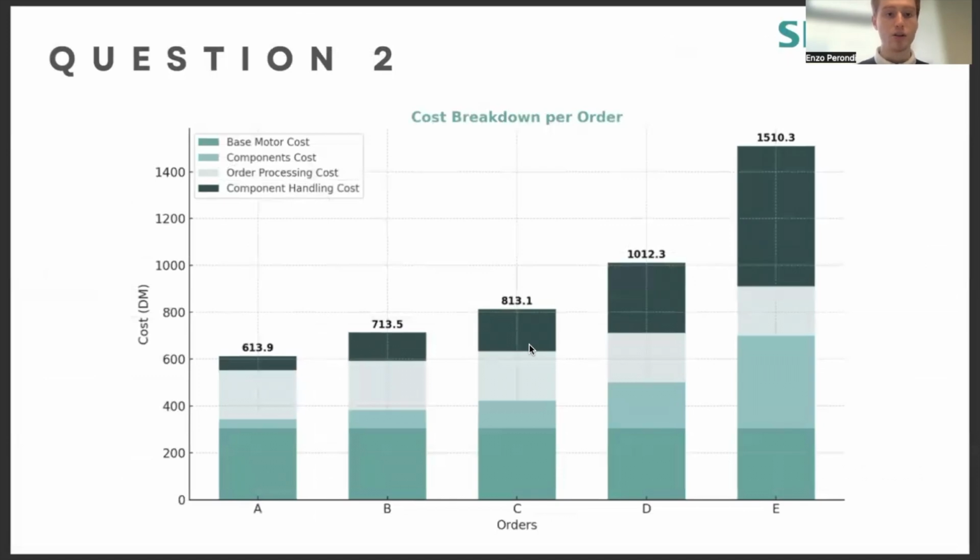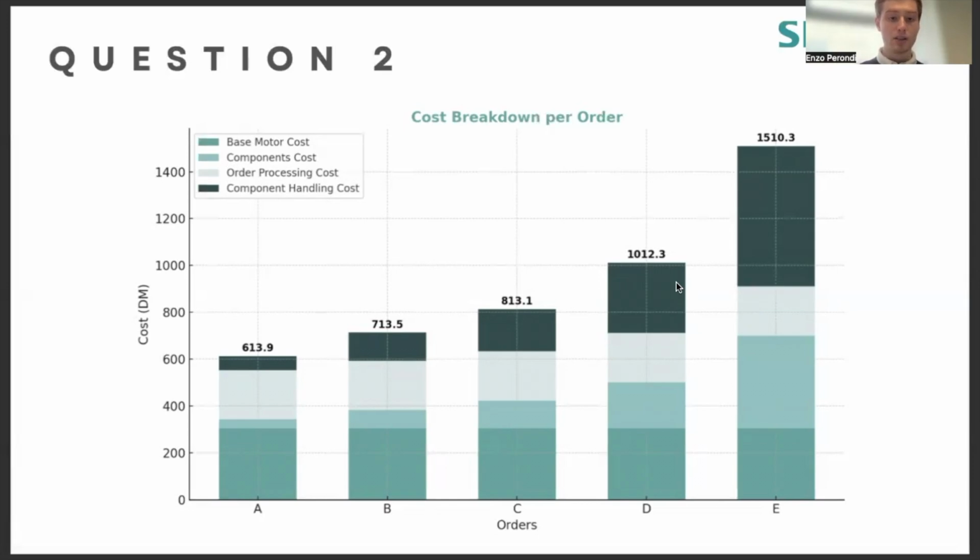So now let's take a look at this visual representation of the cost breakdown for each order. The graph shows how each component contributes to the total cost, making it easier to identify the main cost drivers. At the bottom of each bar, we see the base motor cost, which is fixed at 304 DM for all orders. And above that, we have the components cost, which increases from left to right as the number of special components increases.